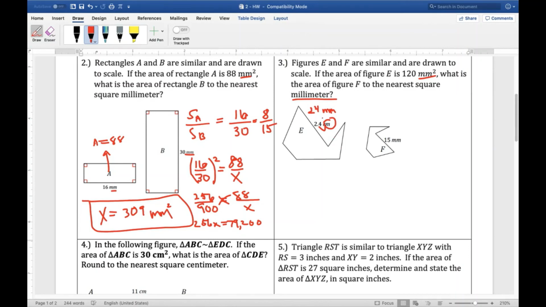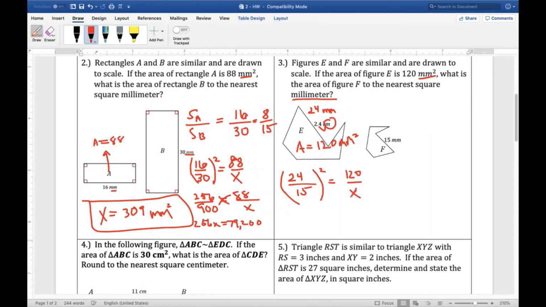Now everything is in millimeters, and this is the area of figure E, 120 millimeters squared. So we do our ratio, side over side, 24 over 15, and we square the ratio of the sides; it's equal to the ratio of the areas, which is 120 over x.